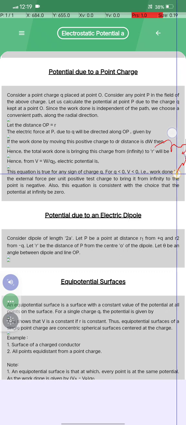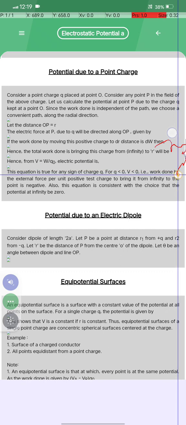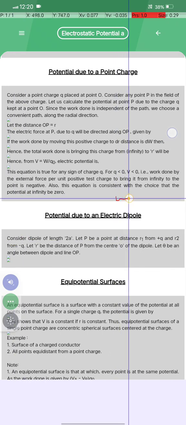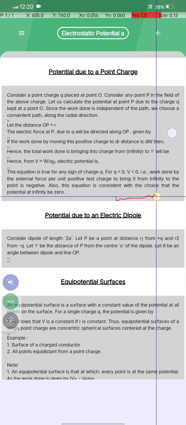This expression is true for any sign of charge, where for Q less than 0, V is less than 0, that is, the work done by the external force per unit positive charge to bring it from infinity to the point is negative. Also the equation is consistent with the choice that the potential at infinity be 0.